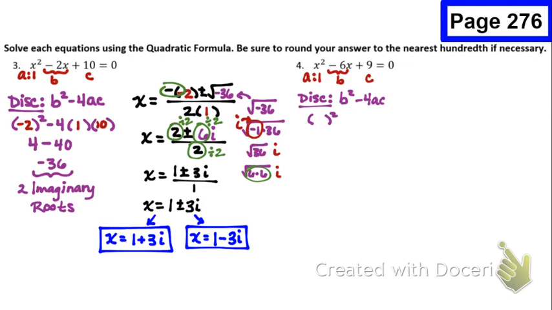Minus 4 times A times C. And I end up with 36 minus 36, which gives me 0. And that's how we knew that it was going to be one real root.